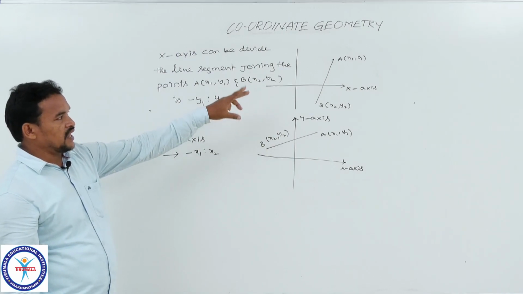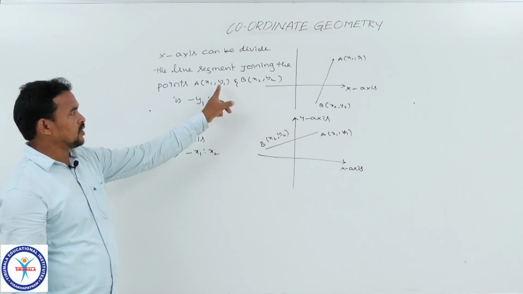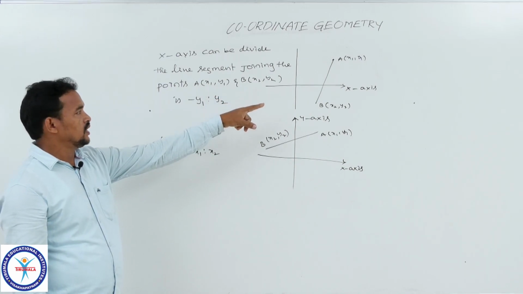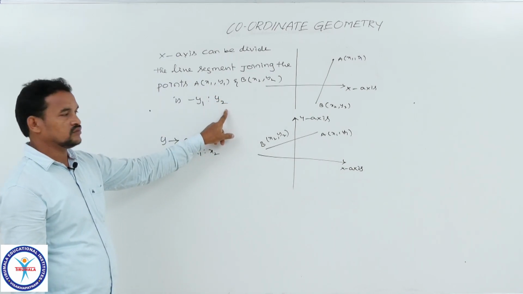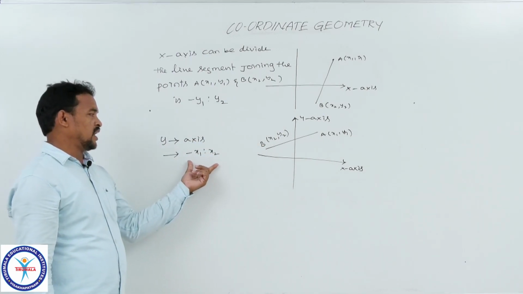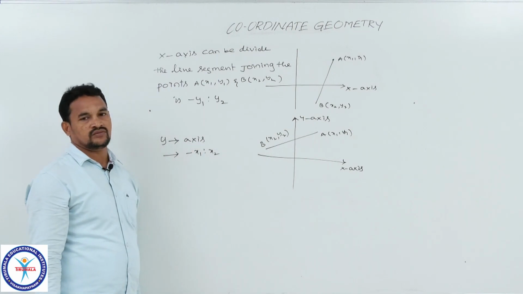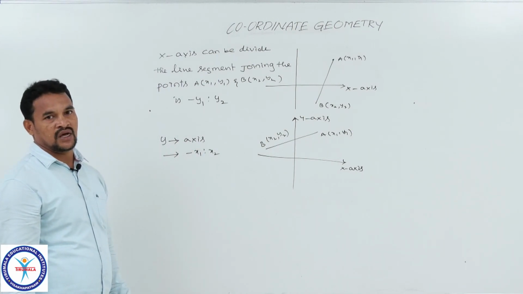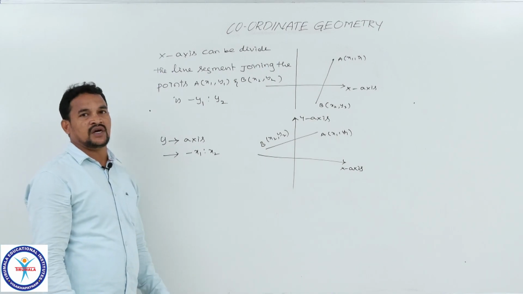The x-axis divides the line segment AB joining the points A of x1 comma y1 and B of x2 comma y2 in the ratio minus y1 is to y2. And at the same time the y-axis also divides the line segment AB in the ratio minus x1 is to x2. Remember these points based on the section formula. Now we will observe some examples.